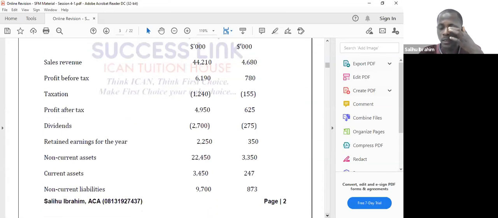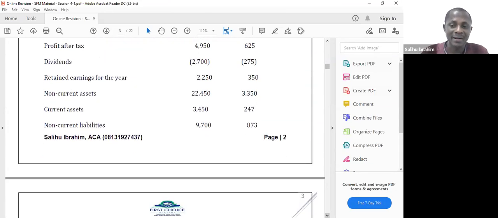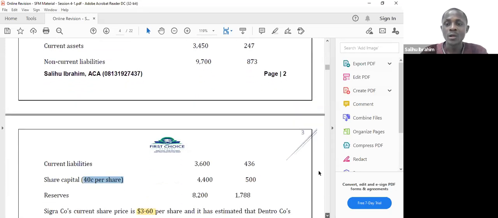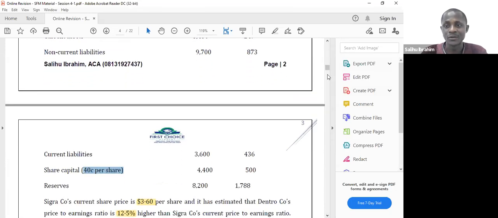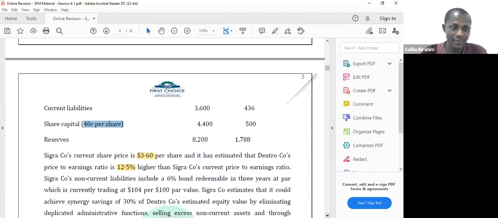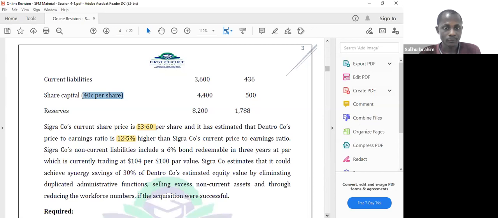Okay, now having gotten our market price, we can now go and start looking at the various settlement options. So let's go there and see.